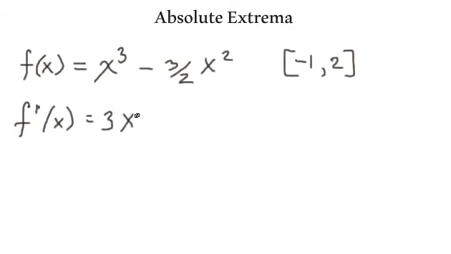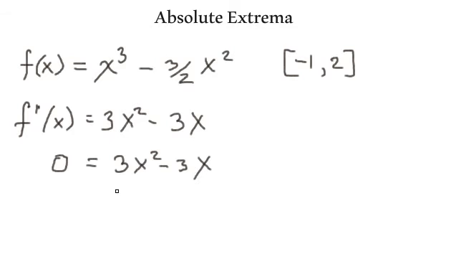So we have 3x squared minus, take the 2 out front, we get 3x. Now we're going to set this equal to 0. The best thing to do here is factor out a 3x. We're left with an x minus 1.